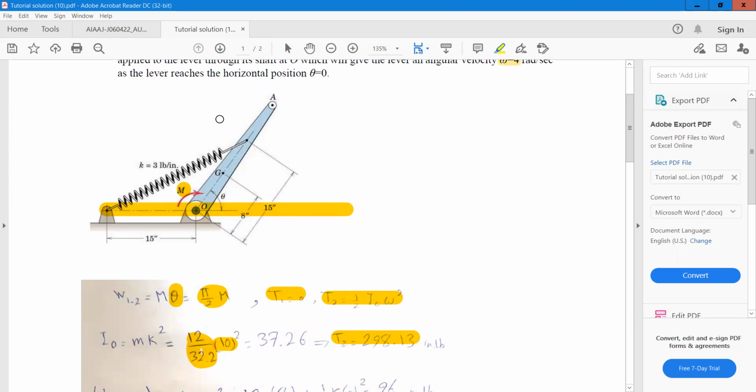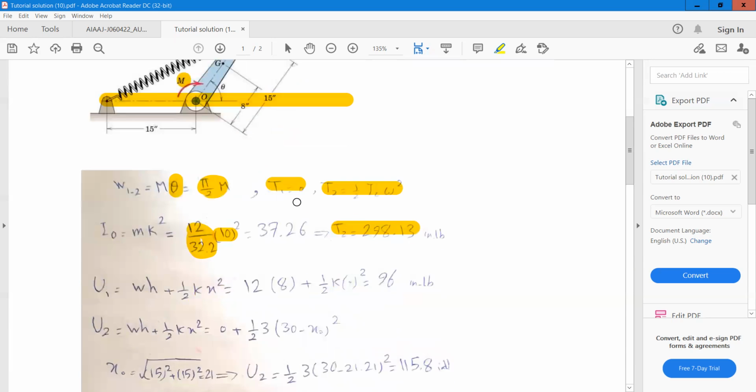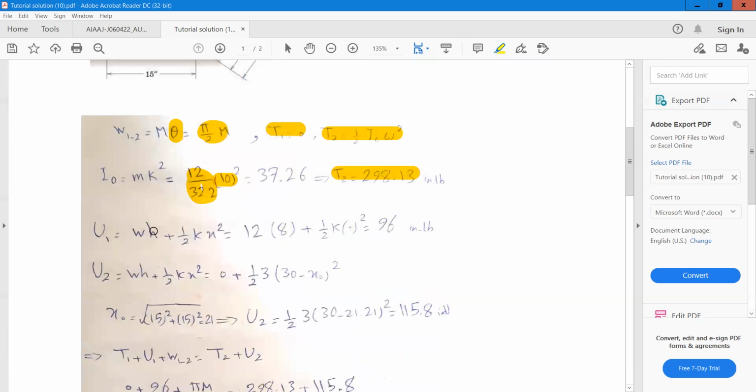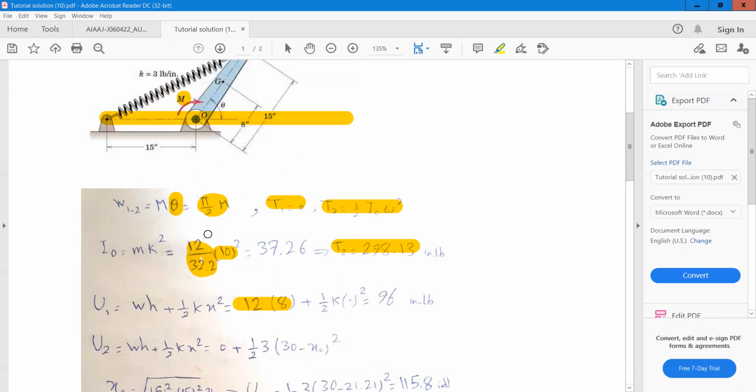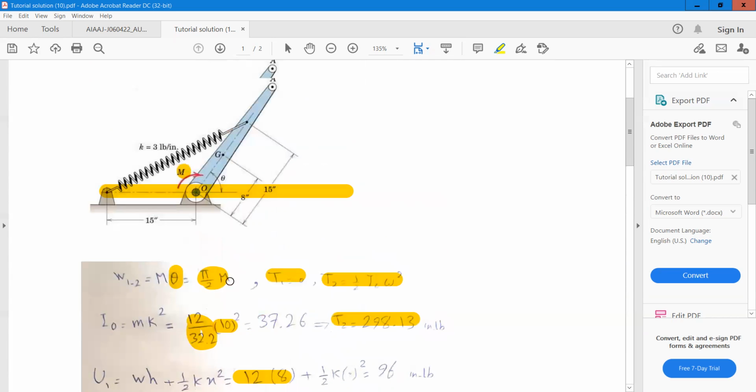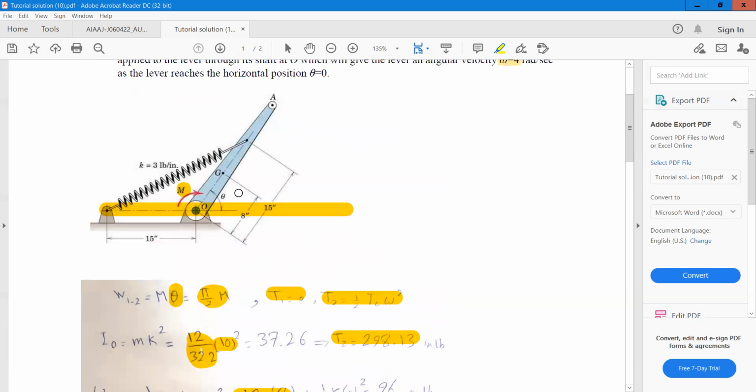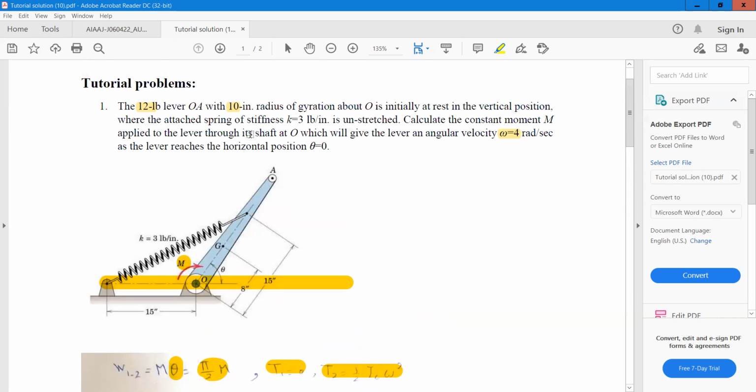In the initial condition, when theta is equal to 90 degrees, the position of point G is 8 inches above the datum level. So it will be W times h, where h is 8. This is the initial gravity potential energy. The spring potential energy is equal to 0 because, when theta is equal to 90 degrees, the spring is unstretched according to the problem description.